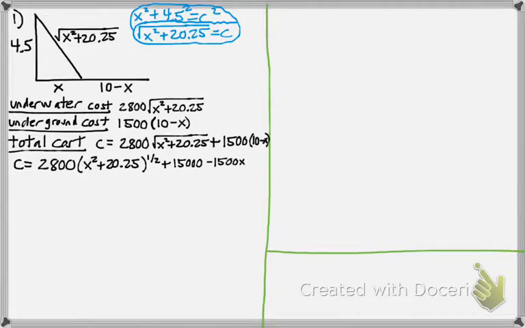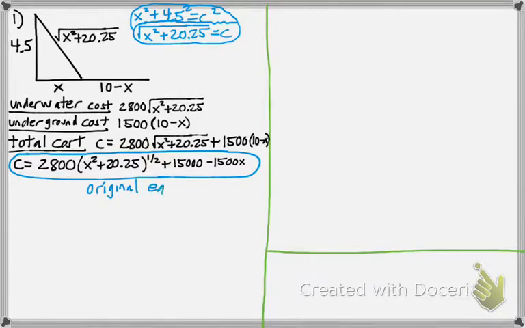And this is what I'm going to call my original equation. So we've done a lot of work to get this, but we haven't taken any derivatives or done any other kind of work like that. So I'm going to call this the original equation.